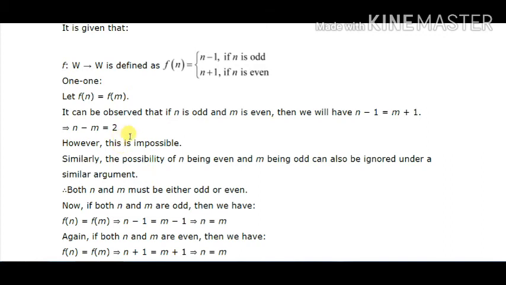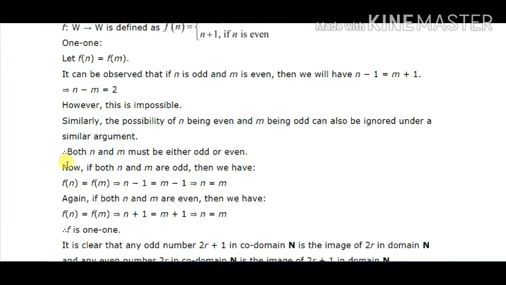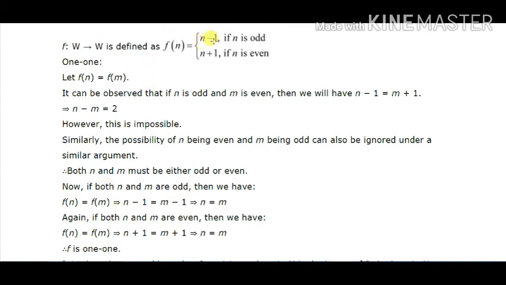Now the other case, if both are odd or both are even. Let us take the first case, in which both n and m are odd. Then f(n) equal to f(m) will give you, both are odd, so both are defined by n minus 1. So here we write n minus 1, and m is also odd, so f(m) will be m minus 1.